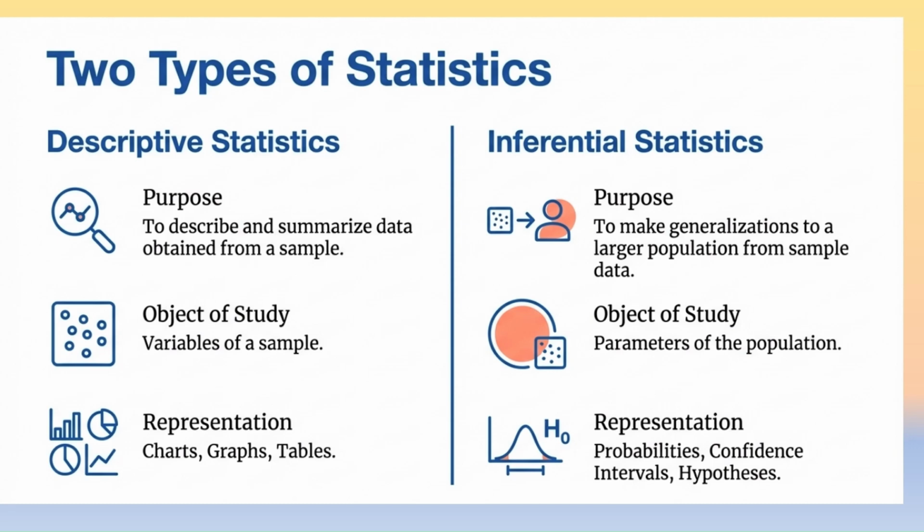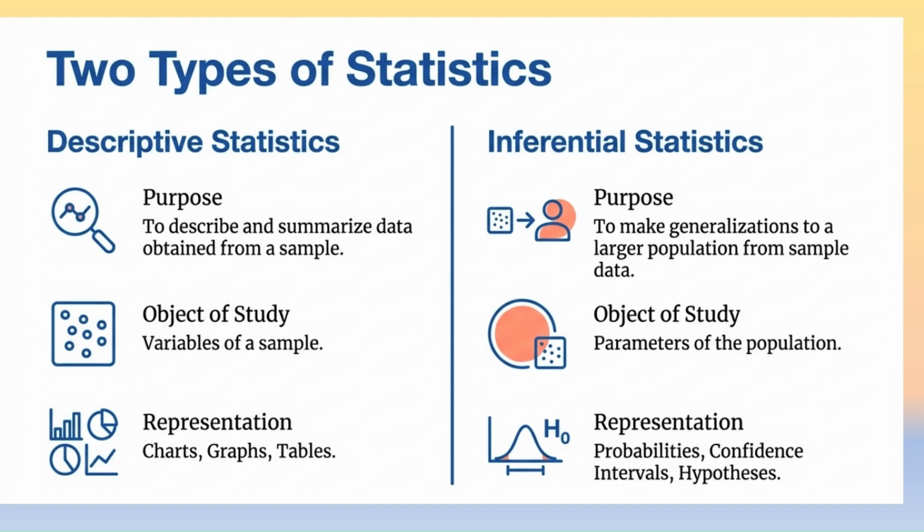Statistics can be divided into two main types: descriptive statistics and inferential statistics. Descriptive statistics summarize and present data in a meaningful way. Examples include mean, median, mode, percentage, tables, and graphs. For example, reporting that 60% of patients are female.